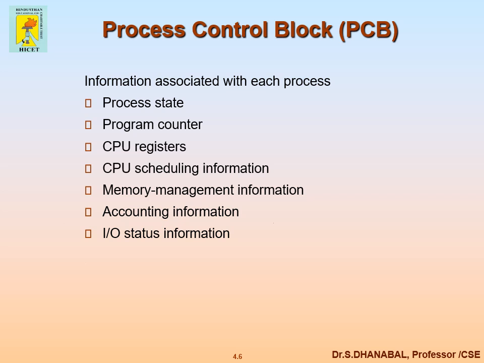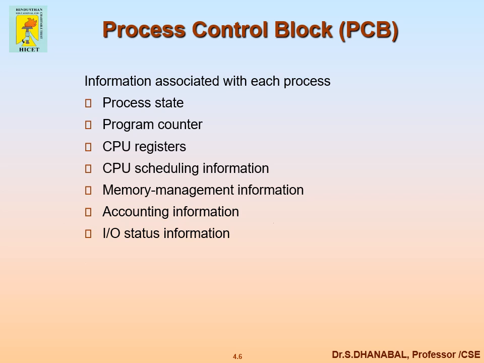Next we have CPU scheduling information. In the case of a time-sharing system, we follow round robin scheduling. We also have memory management information, which contains the page tables, memory limits, segmentation details, and so on.